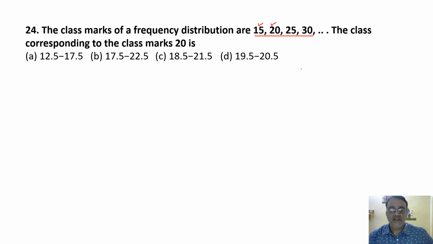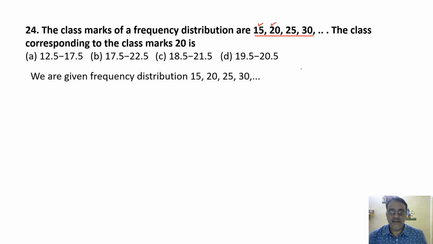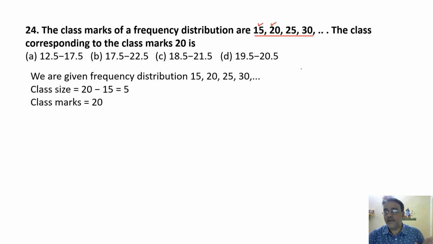Okay, right. So we have the frequency distribution. We are given a frequency distribution with class marks 15, 20, 25, 30. Class size is given 5, and the class corresponding to which class mark we have to find, that is 20. So for the lower limit, we have to subtract 5 by 2, right?